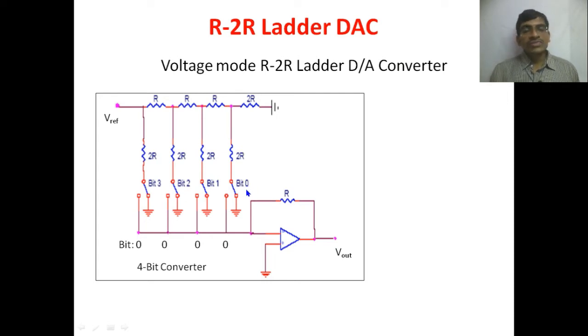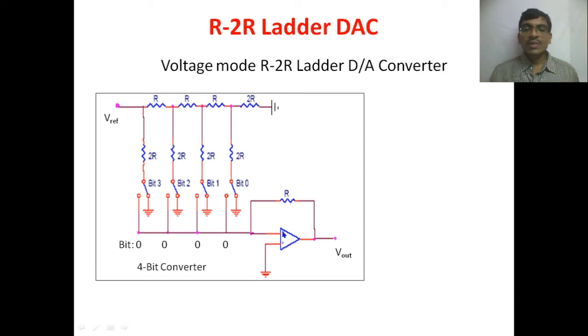Suppose you start from bit 1, it should go up to bit 4. If you start from bit 0, it will be n minus 1, which is 4 minus 1, that is 3. Here we are using one summing amplifier, similar to what we used in the binary weighted resistor DAC, and this is also operating in the inverting mode configuration.